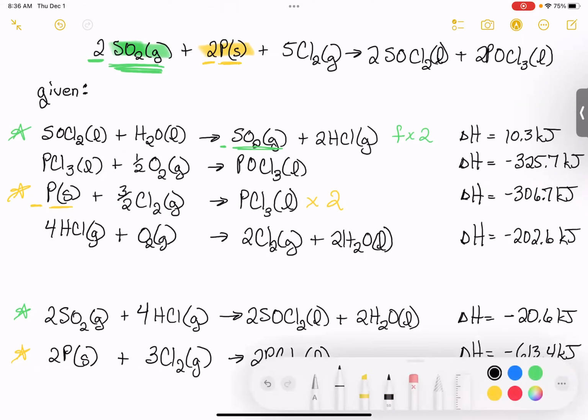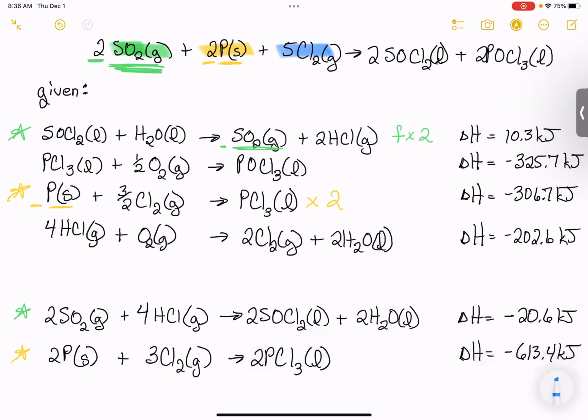Now, when you look at the next thing in line, you want chlorine. But here's the deal. Chlorine comes from 2 different equations. You had chlorine in the equation we already worked with and chlorine in another equation.